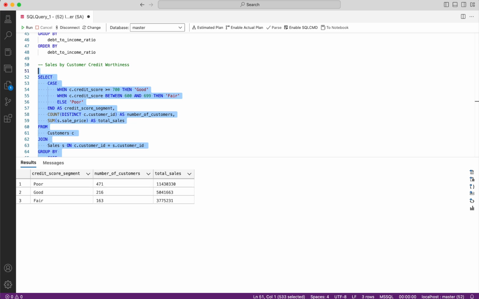And then in terms of fair credit scores, this is the smallest group. So we've got 163 customers that we dealt with that totaled 3.7 million. And pretty much all this tells us is that this is the smallest group represented in terms of customers and sales.